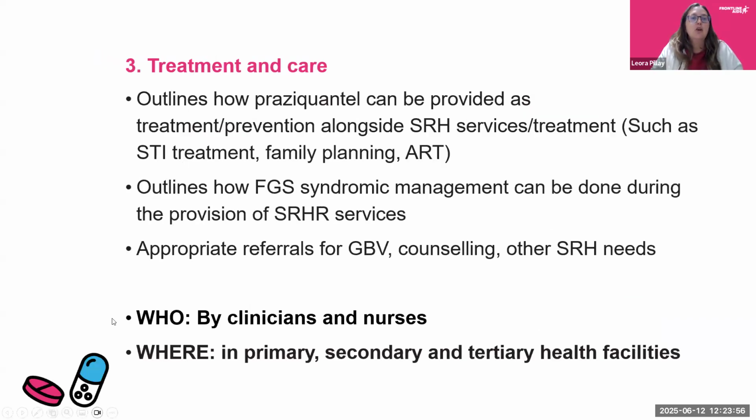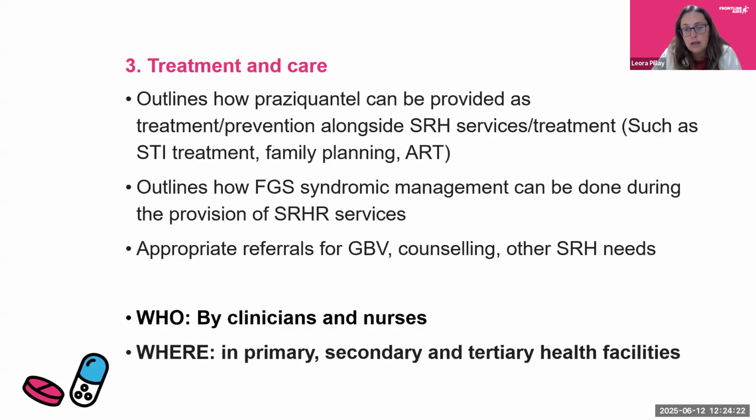The third stream then goes into treatment and care, and it outlines how if you've integrated FGS into the other streams of health literacy and screening and diagnosis, then praziquantel could be provided as treatment and prevention alongside SRH services or treatment, such as STI treatment, family planning, or when someone is getting ART.